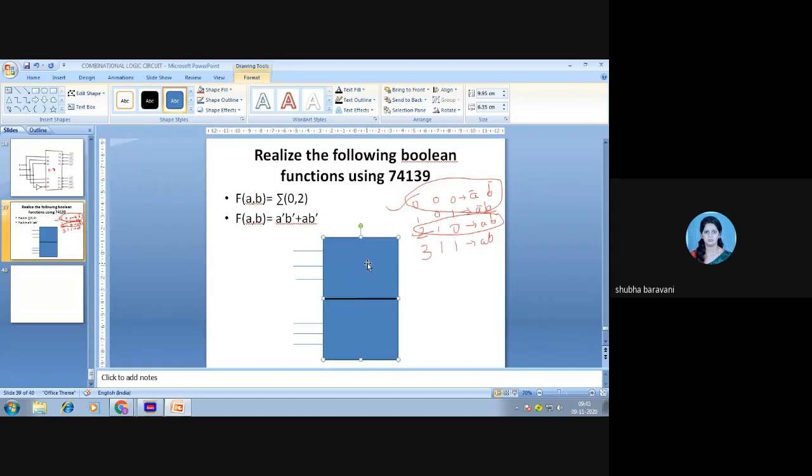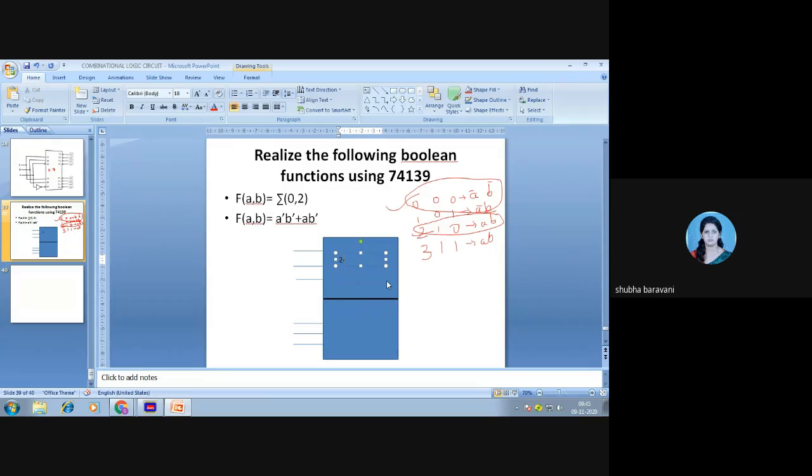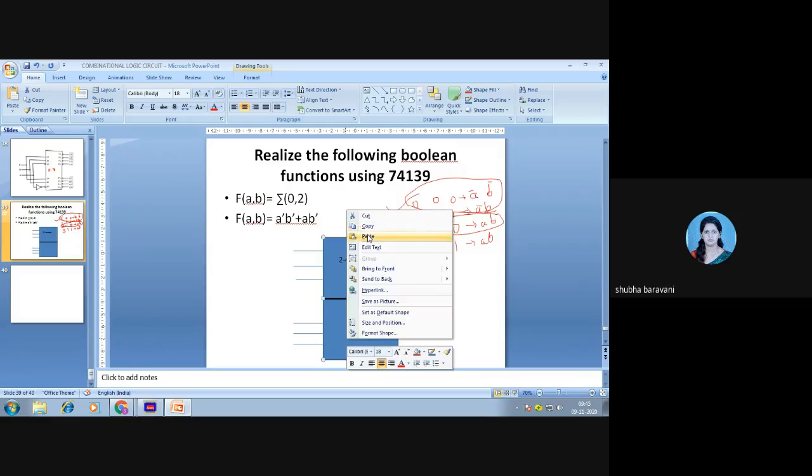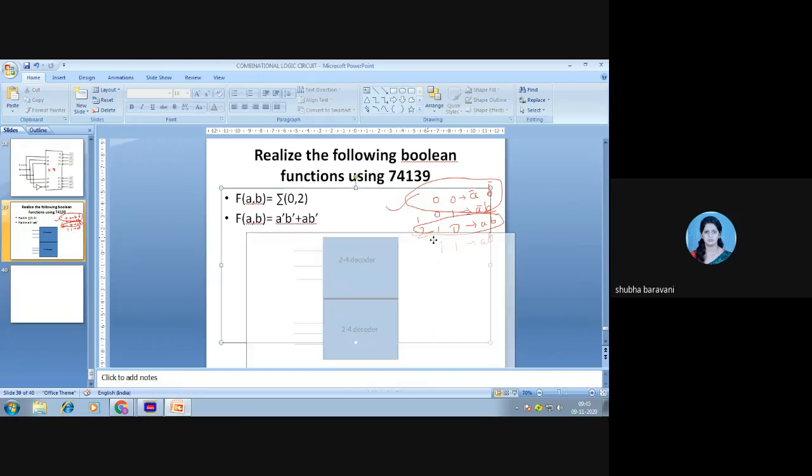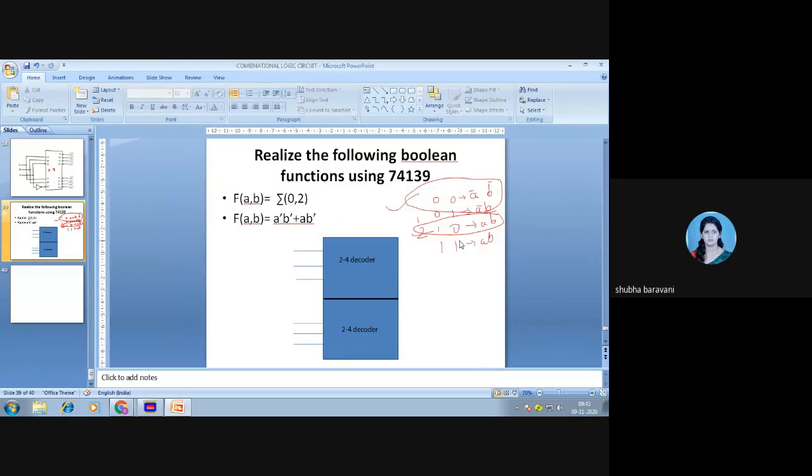See the first one, this is a 2 to 4 line decoder, and this is another 2 to 4 decoder. For a 2 to 4 decoder, how many inputs and how many outputs are there? Two inputs.